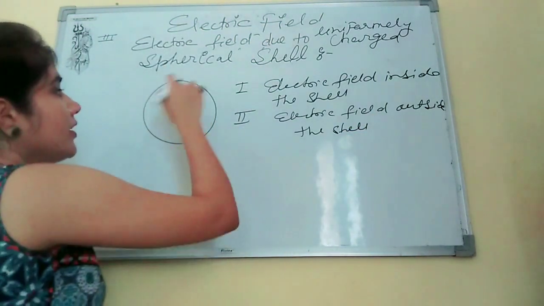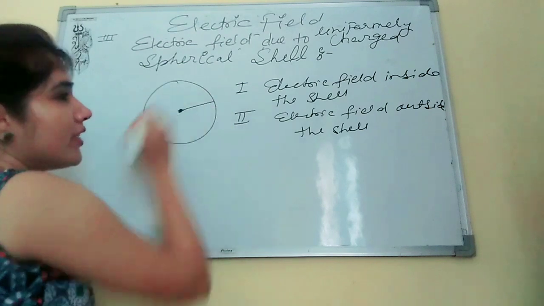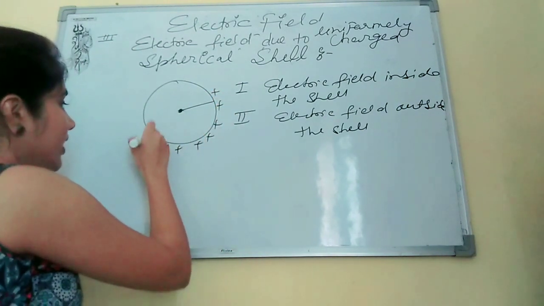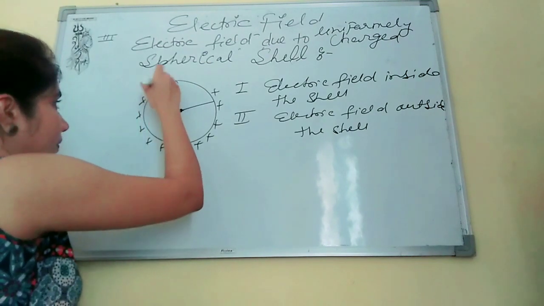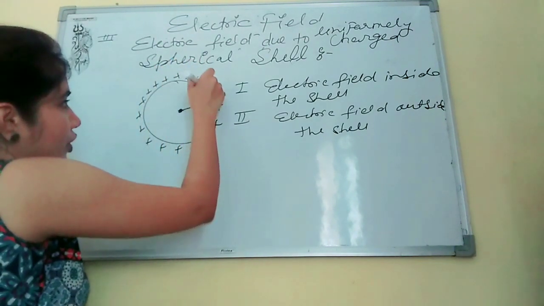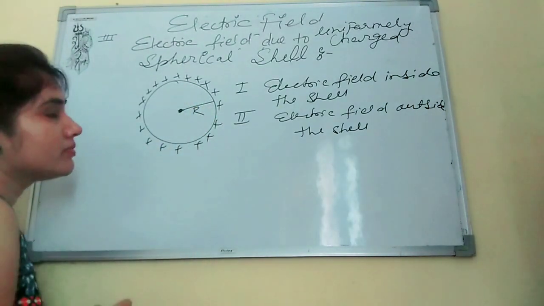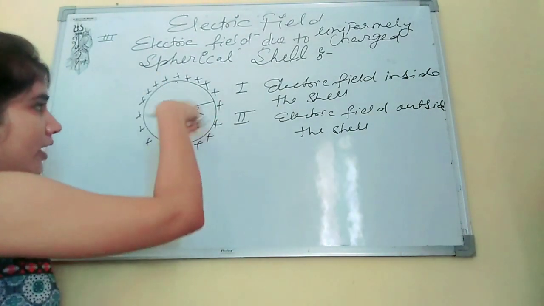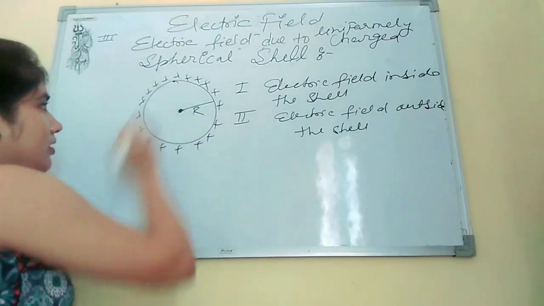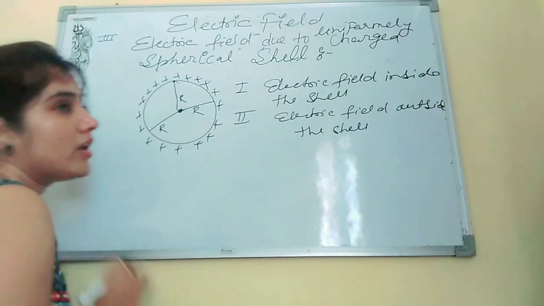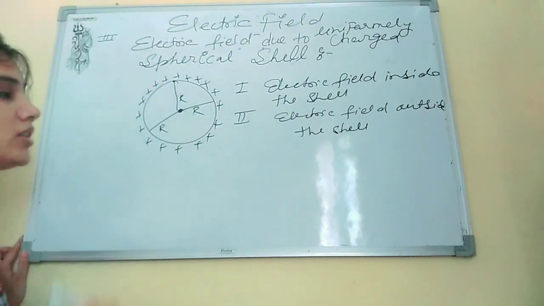If it is a sphere, it has a radius. All the charge will be distributed outside the shell like this. This is the charge which is distributed uniformly. Suppose the radius is r, and this will be for every point. If we measure it, this will be R, capital R, because this is making a circle.